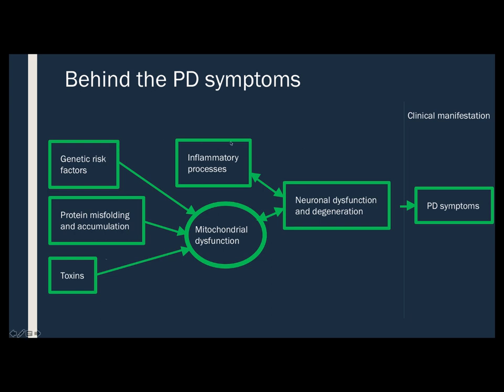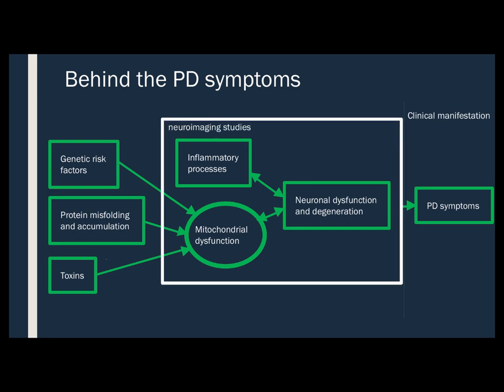Now, where in this chain there is a problem, some things we can look at with imaging and a lot we cannot. So there are different avenues to study how this disorder comes about and what the possible modifiers for it are. But in imaging, there are things that we can study and that in general are related to these factors.